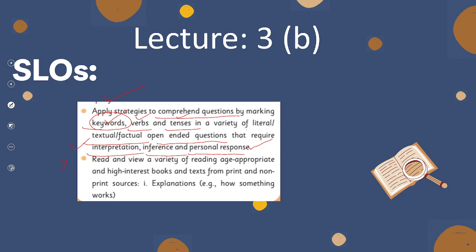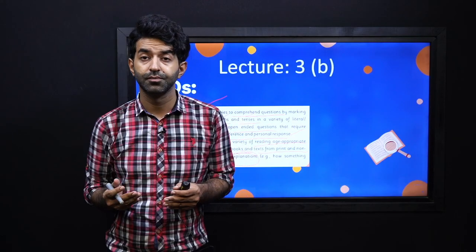The second SLO that we have connected over here is about reading and viewing a variety of age-appropriate and high-interest books and texts from print and non-print sources. For example, here we will do explanations like how something works.